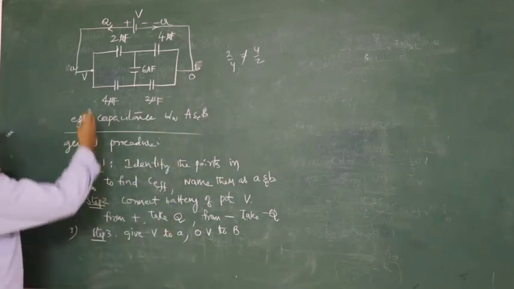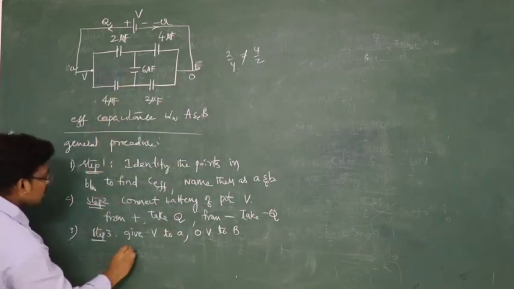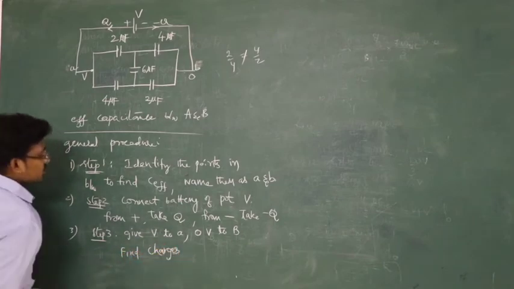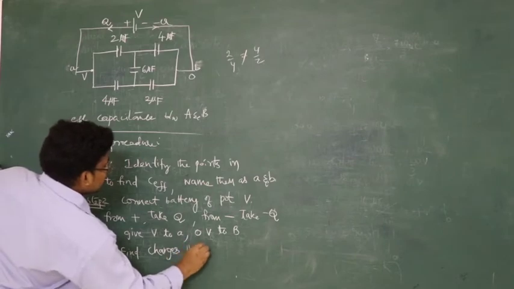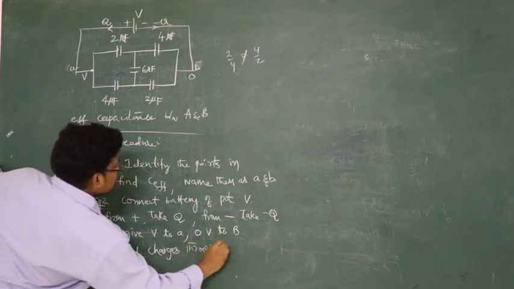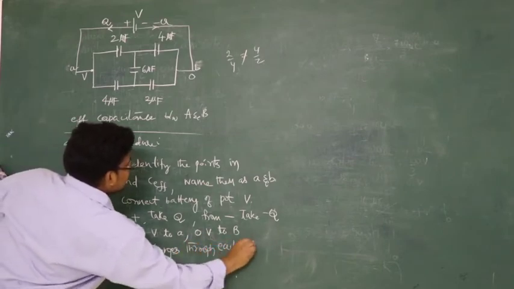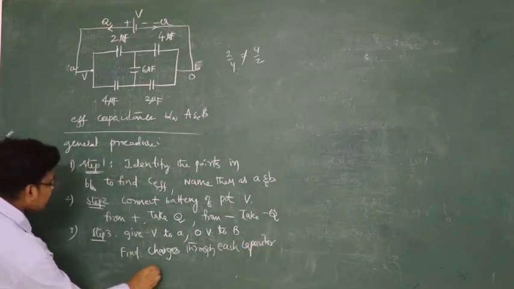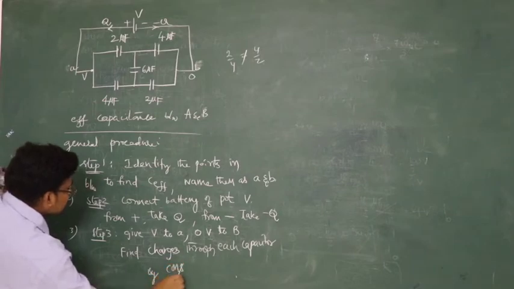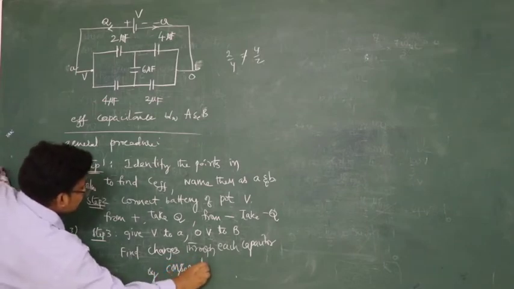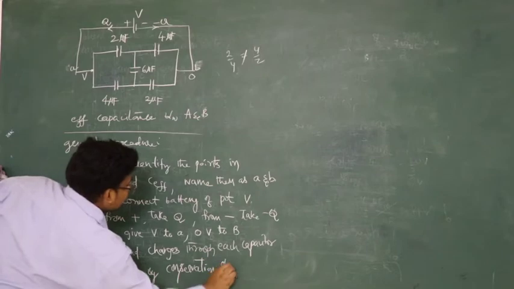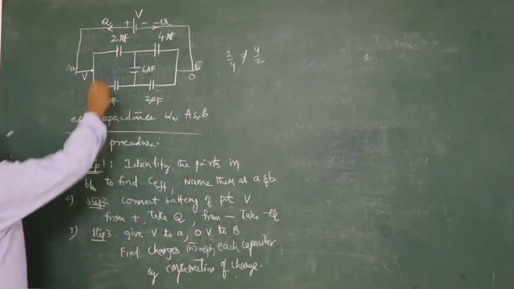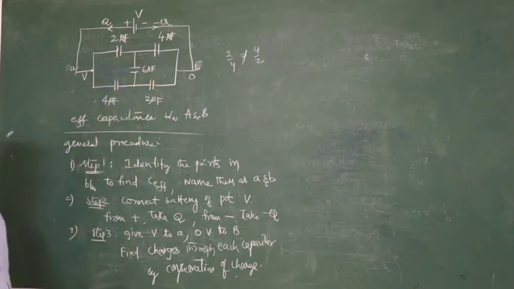Now find the charges through each capacitor by conservation of charge. You need to find out how much charge is going through all the capacitors.